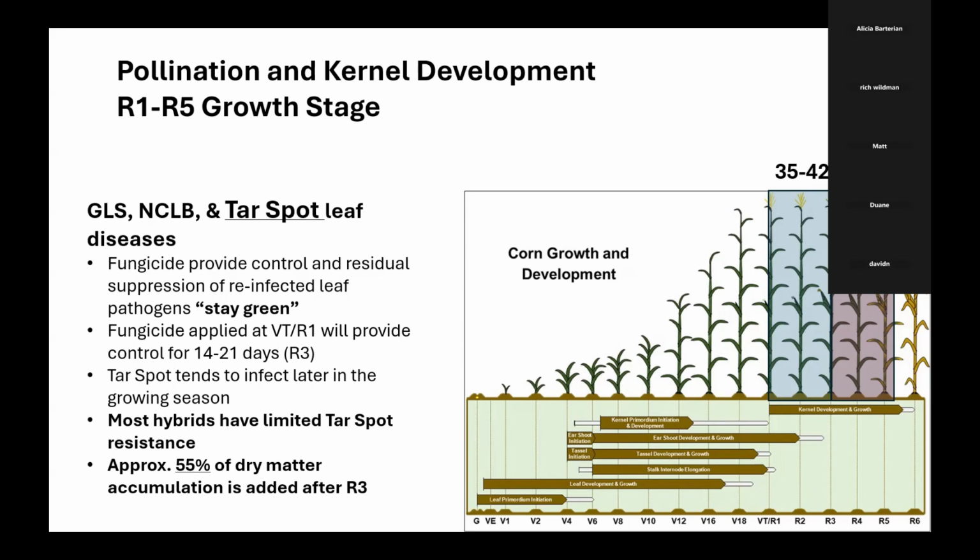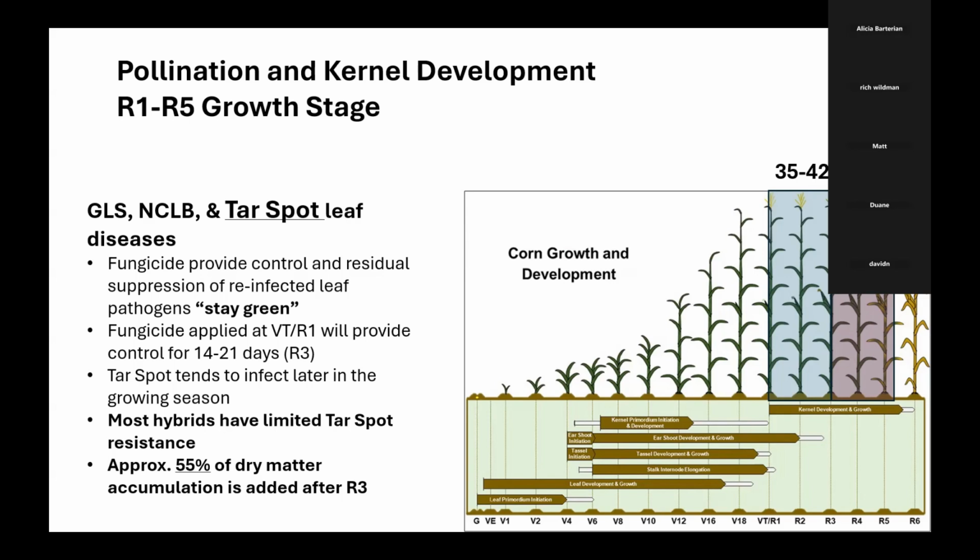First of all, if we're doing a fungicide application at BTR1, that gives us about 14 to 21 days of protection. We have about 42 days of grain fill. And if we don't protect that plant all the way through, over half of the dry matter gets added from R3 to R5.